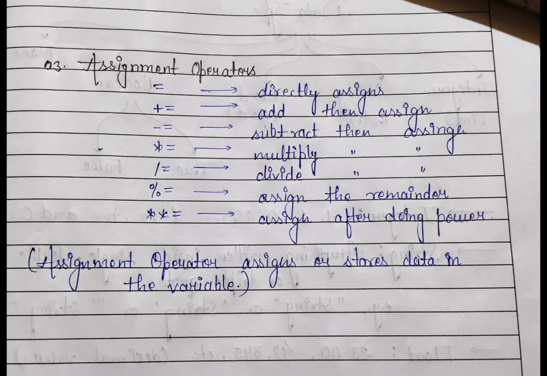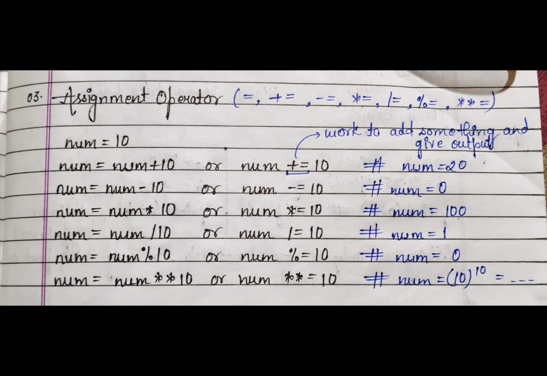Let's come to the example of assignment operations, then you will understand it better. Here I have taken a variable num which contains 10, and all the next lines are the operations which I have performed on the variable num. The first operation is num equal to num plus 10. This means that we are adding 10 in the variable num, and num contains 10, which means that we are adding 10 to 10.